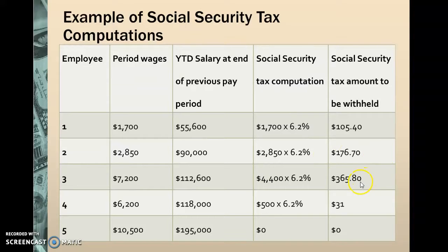So the amount of Social Security withheld is $365.80. Employee number 4, as you notice, the year-to-date salary is $118,000. Remember, the threshold is $118,500. So only $500 of the employee's wages will be taxed at 6.2% in the amount of $31.